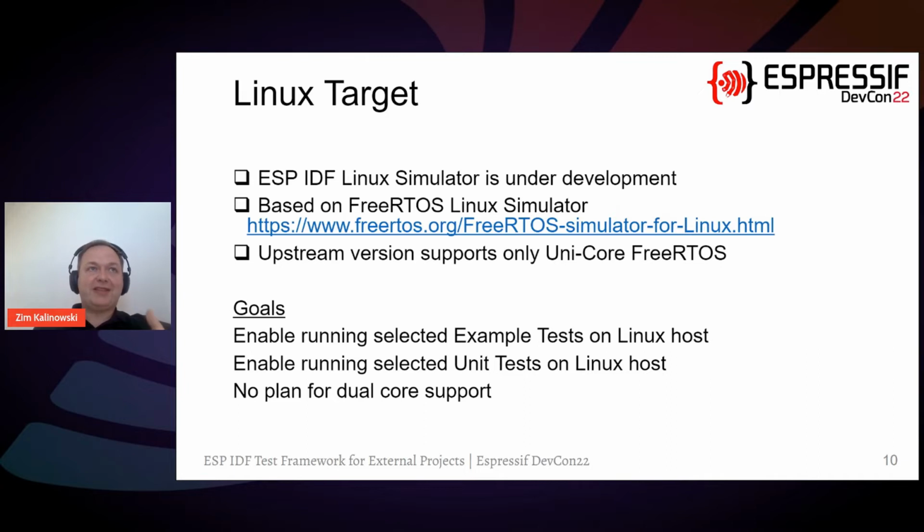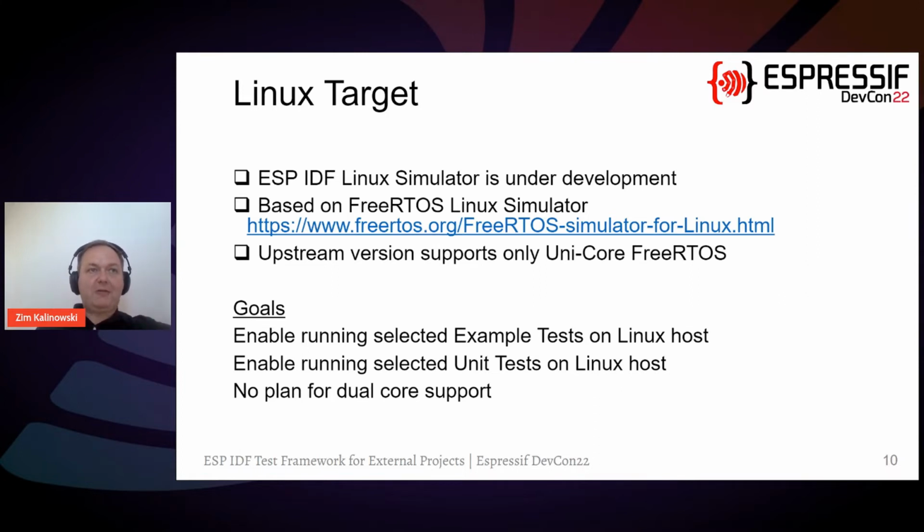So the current upstream version of FreeRTOS from AWS is single core, and there is an effort for developing a multi-core version of FreeRTOS in the SMP branch, but the simulator is not yet ready for that.